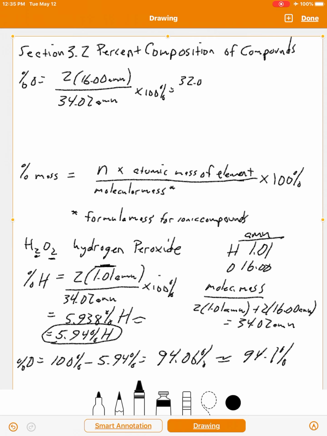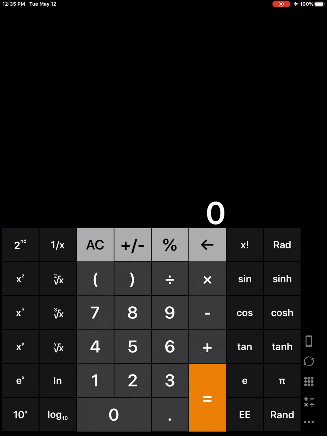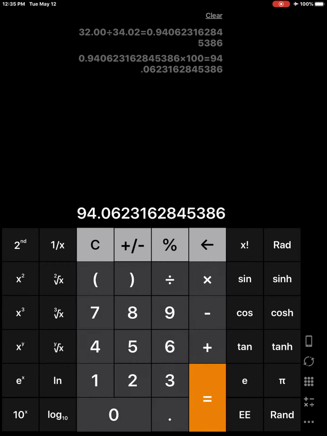Okay, well, let me just do a little bit of the calculation there. The AMUs are going to cancel. So 32 over 34.02 times 100. 32 divided by 34.02 times 100, and you get 94.06.